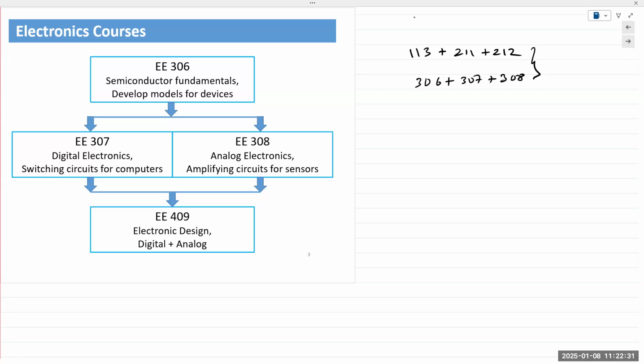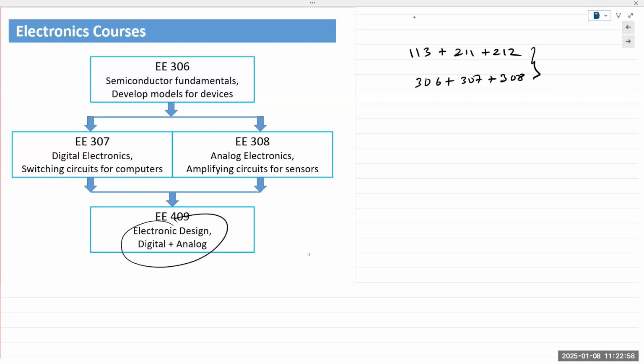Okay. And then you put it all together in 409, which would be about the first class that you would take in your 4th year, which is electronic design, which is then referred to as mixed signal electronics. Nowadays many of the electronic devices that we use, consumer electronic devices, are mixed signal devices.